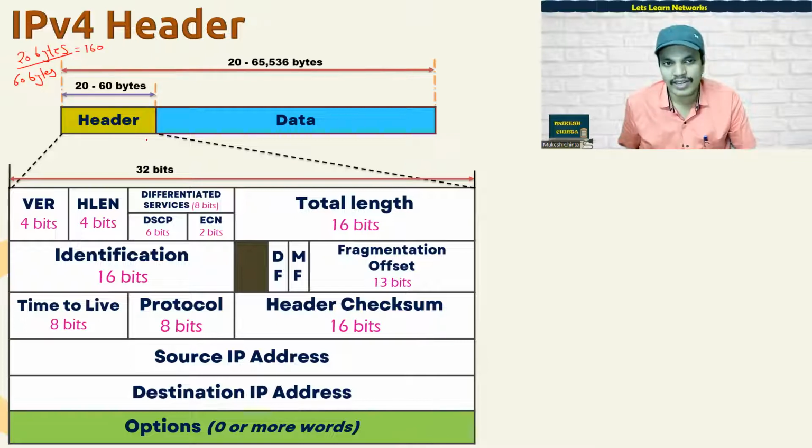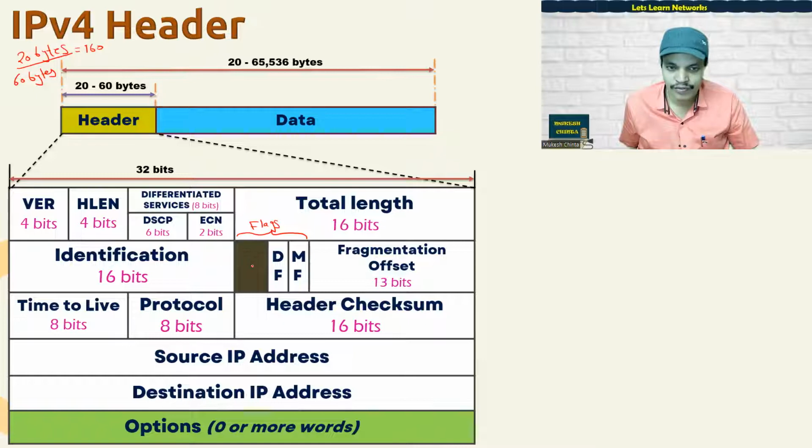Now let us see what fields are present here. The first field is your version field, followed by the header length field, and then comes the differentiated services field, which is 8 bits in length, and next comes the total length, which is 16 bits. We also have the identification. These are the flags, which consist of three 1-bit flags.